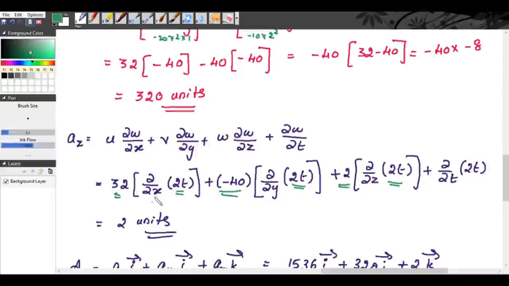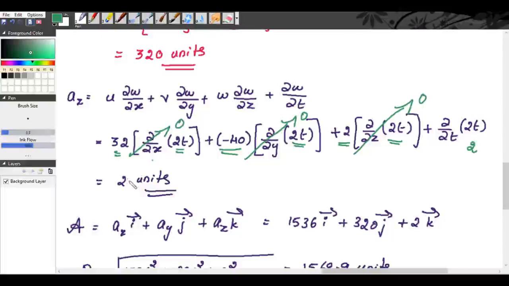Now differentiating with respect to x, there is no x term, so this becomes 0. With respect to y, we don't have a y term, so this becomes 0. With respect to z, there is no z term, so this becomes 0. So ∂/∂t of 2t, differentiation of 2t is 2. So it is 2 units.